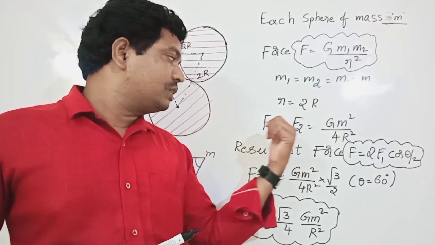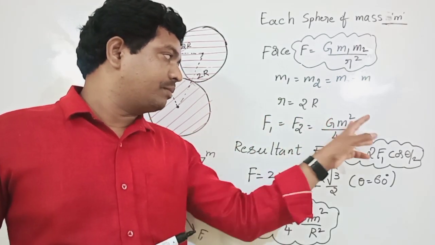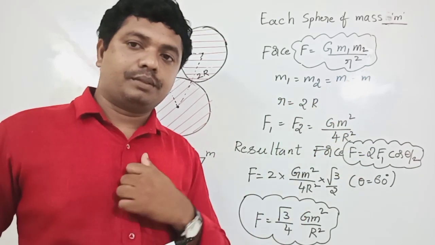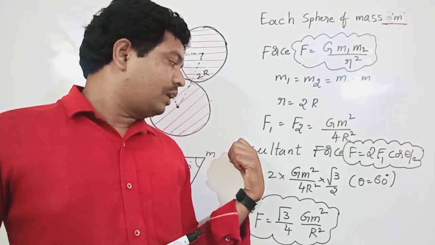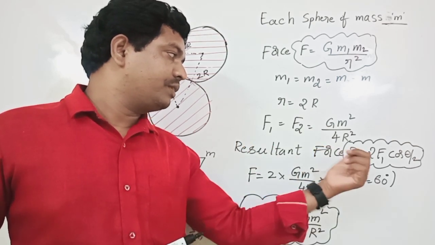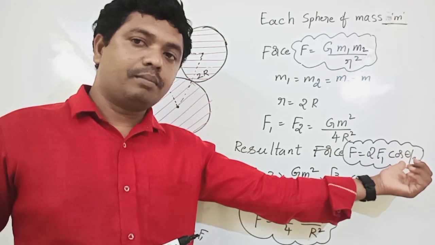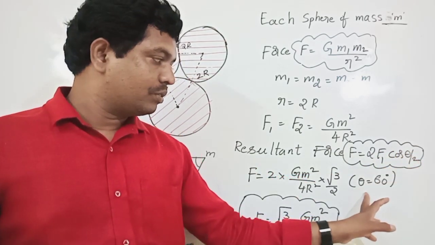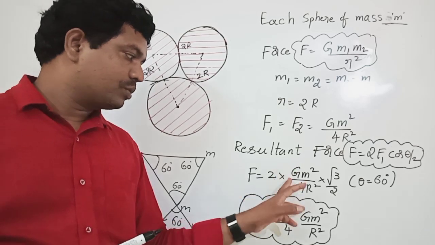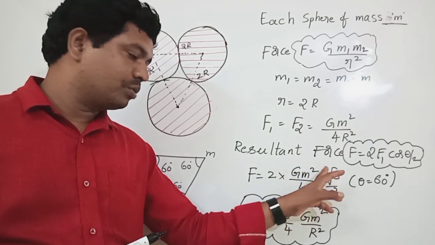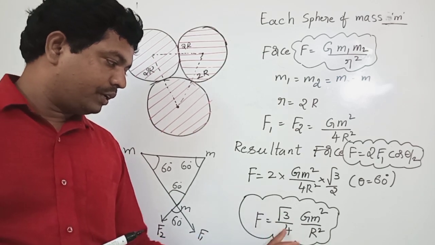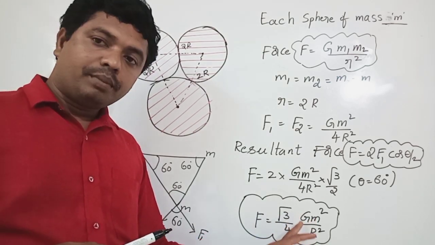Now F1 is equal to F2 is equal to G m square by 4R square. According to the parallelogram law of vectors, the resultant force F is equal to 2 F1 cos theta by 2, where theta is equal to 60 degrees. Then F is equal to 2 G m square by 4R square into root 3 by 2. Then F is equal to root 3 by 4 into G m square by R square.